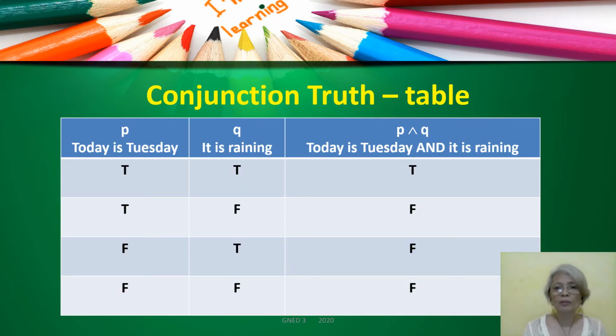For the truth value, notice that if P is true and Q is true, P and Q is also true. And if one of the conjuncts is false, the conjunction is now false. So madali ring matandaan, pag may isang false, false na yung conjunction. Dapat kasi pareho silang true for the conjunction to be true.